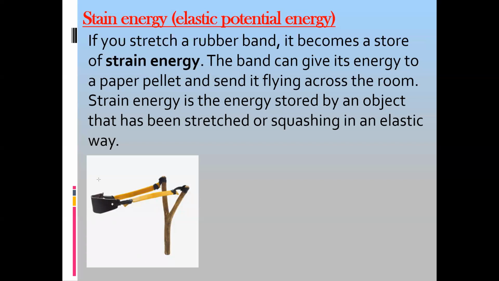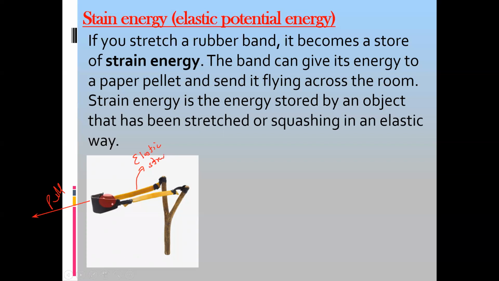So if you place a stone or a pebble here and you pull this catapult backward, the rubber will stretch. When the rubber stretches, which form of energy will it have? It will have elastic strain energy.